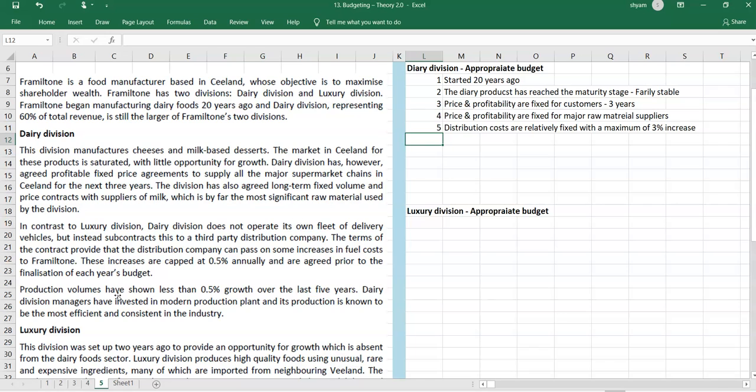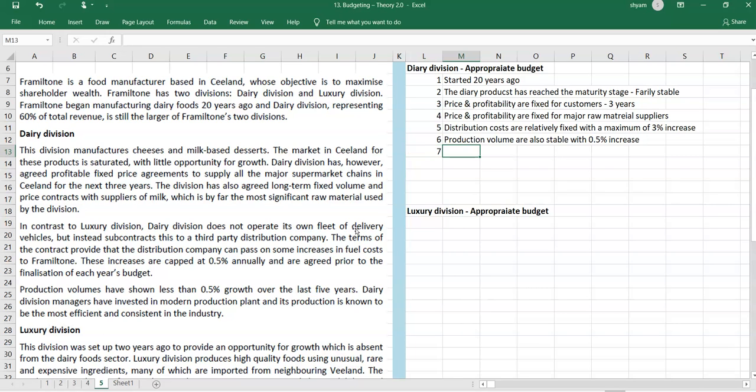Okay, so what else is there? The production volumes have shown less than 0.5% growth over the last 5 years. So production volumes are also stable, since 0.5% is a very normal growth. Dairy division managers have invested in a modern production plant, and its production is known to be the most efficient and consistent in the industry.